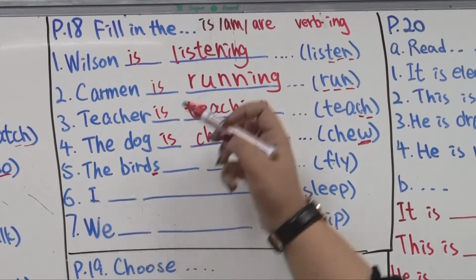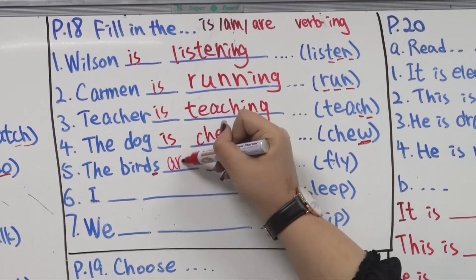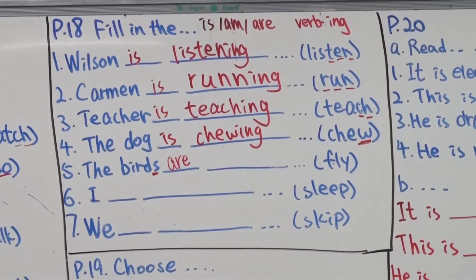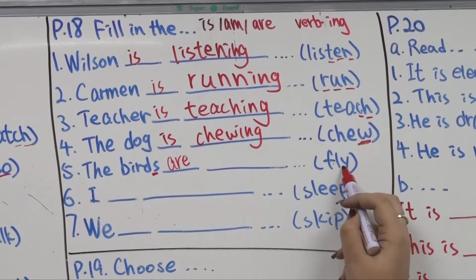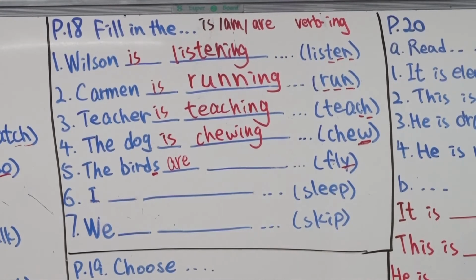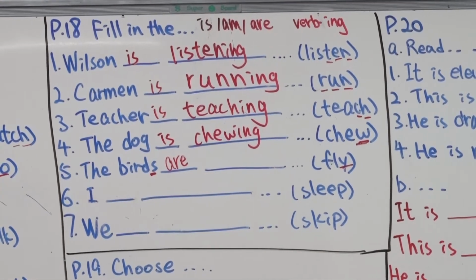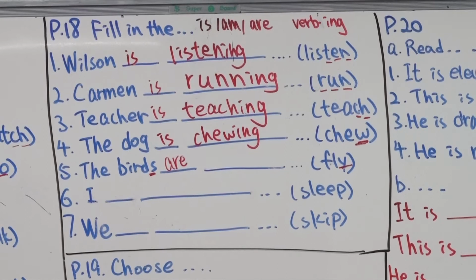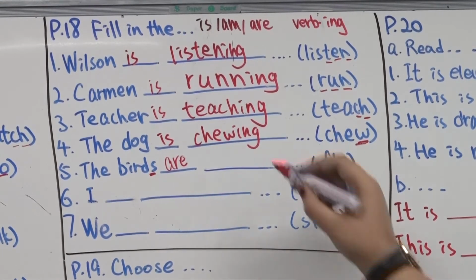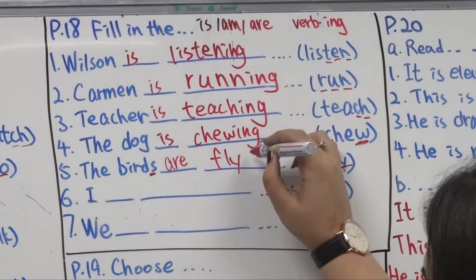It refers to more than one, so we write are. The birds are. It ends with the letter Y. If it ends with W, X, or Y, all we have to do is just add ing. Fly becomes flying.